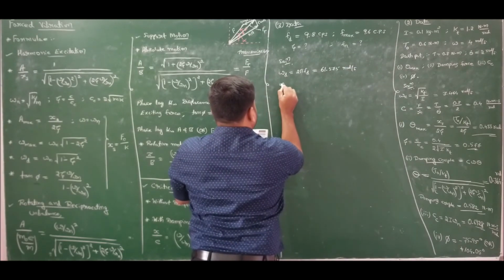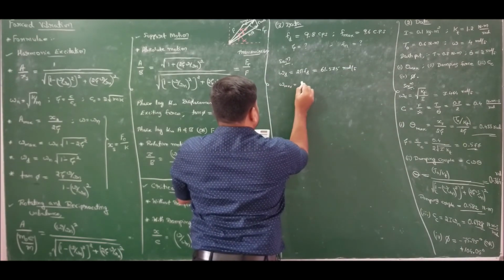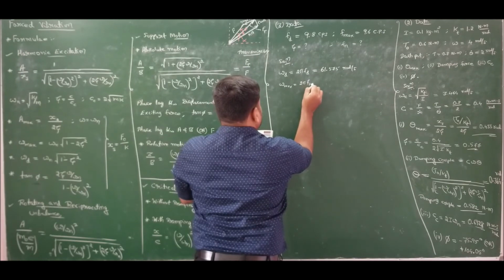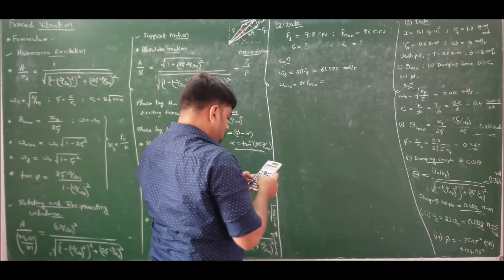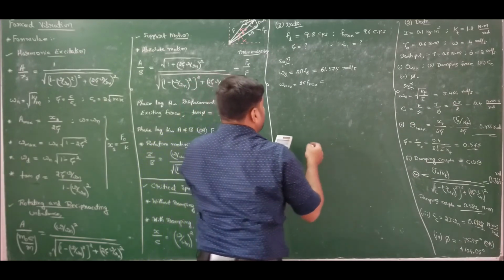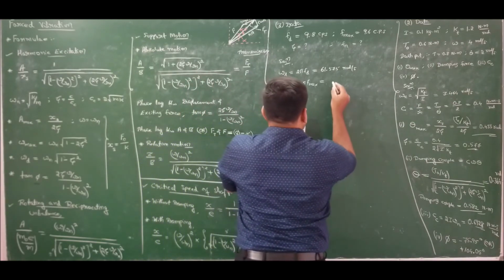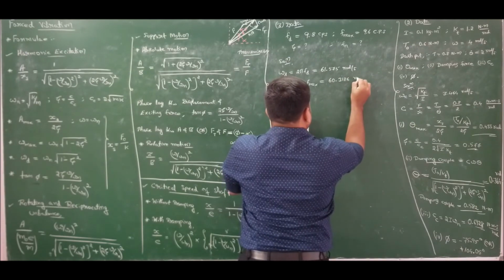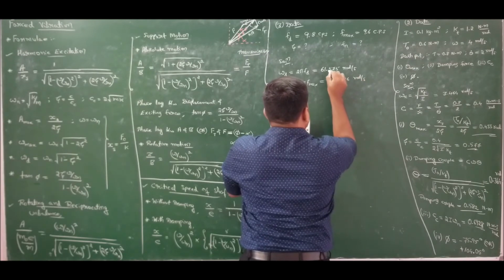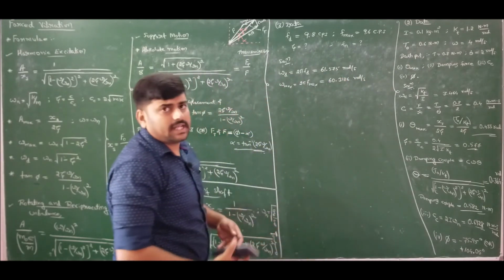Similarly I can find omega max. Omega max is 2 pi f max, so it is 2 into pi into 9.6, which is 60.3186 radians per second. So these are the details we have.